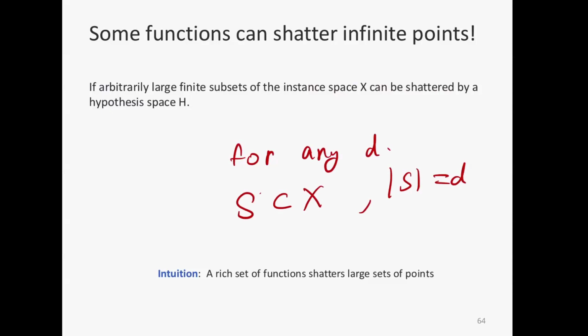And that's true for any D. That means it can be infinite. There are function classes that can match the labeling of an infinite number of points. This is very similar to there being function classes that can match the labeling of any Boolean function. Decision trees can do that, right? It's analogous to that. No matter how you label the points, your functions can match it.